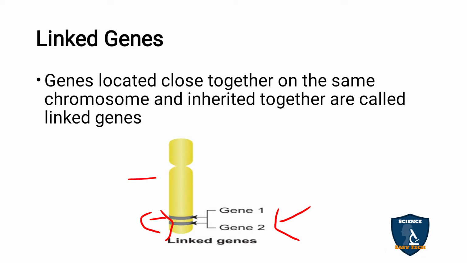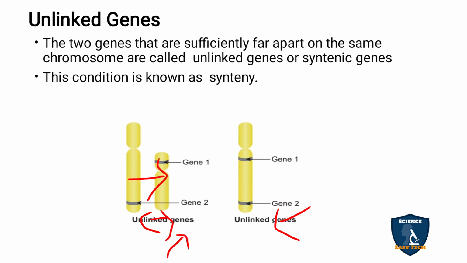As you are seeing in the picture, they are very close. And when they are transmitted to the next generation, during meiosis or gamete formation, these genes won't separate. They will remain together. That is called linked genes.